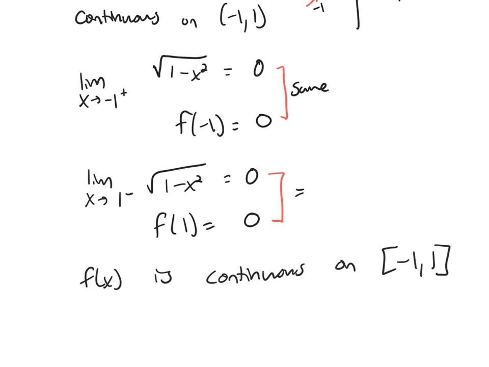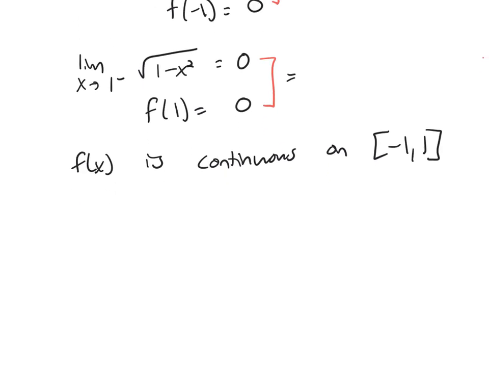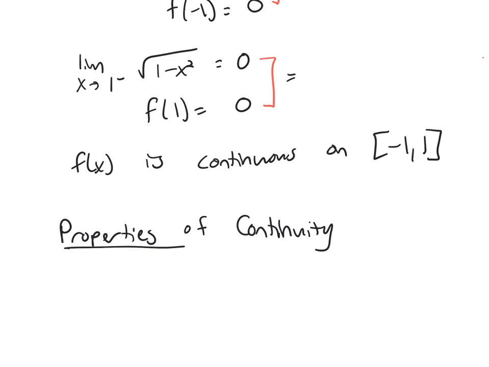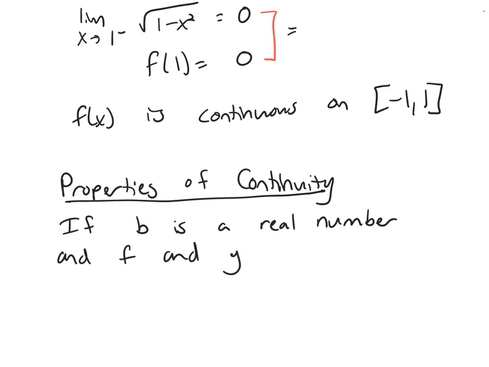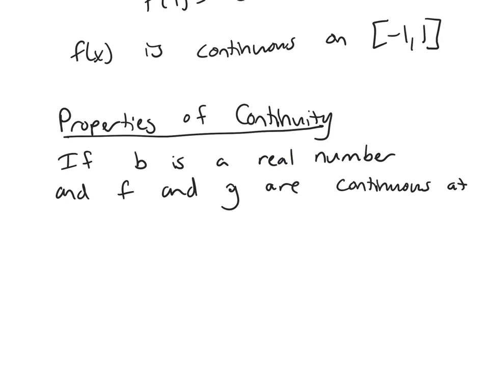So now let's talk about some properties of continuity. Here I'm going to assume b is a real number, so b is just a scalar, and f and g are continuous at x equals c.